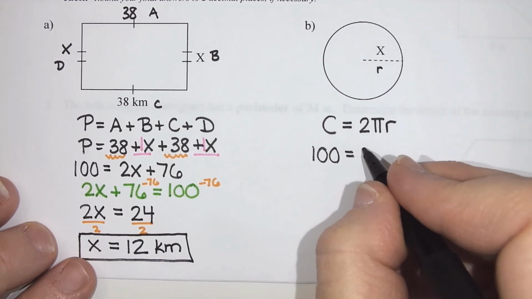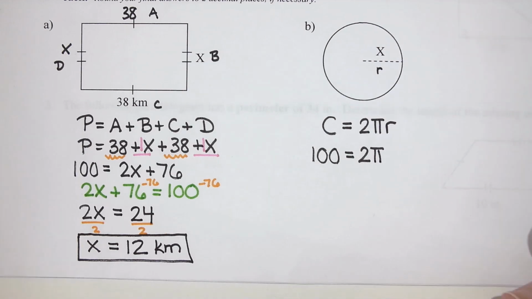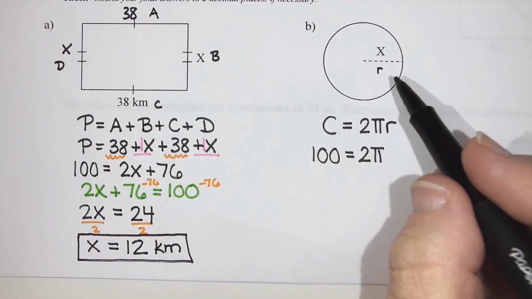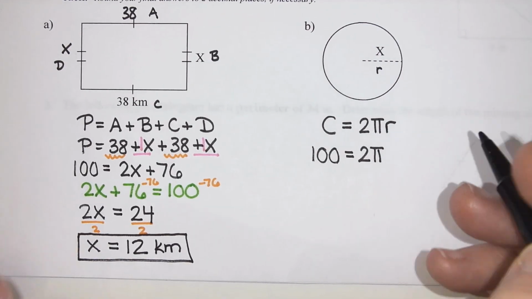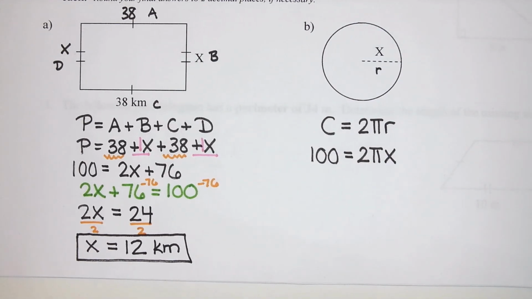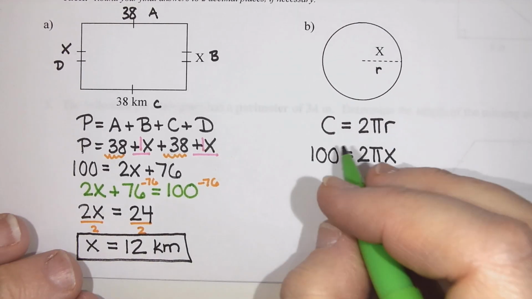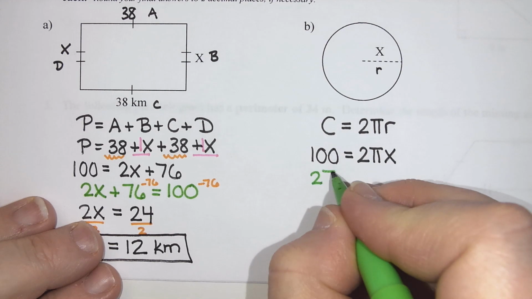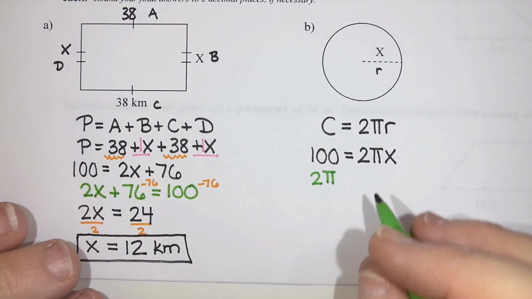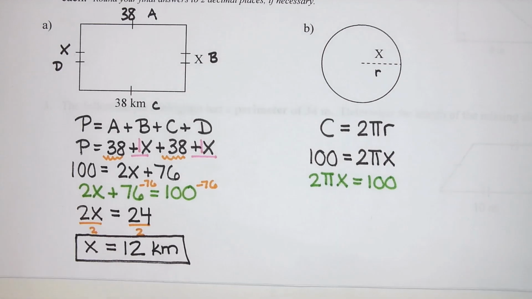And that equals 2 times pi, and then times r. Now, I don't know what the radius is, but it is x, so I am going to use the letter x. If you don't like having our missing letter x on the right-hand side, you can flip it over. So this is 2 times pi times x equals 100.